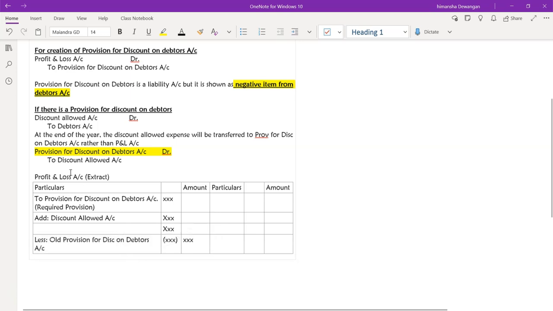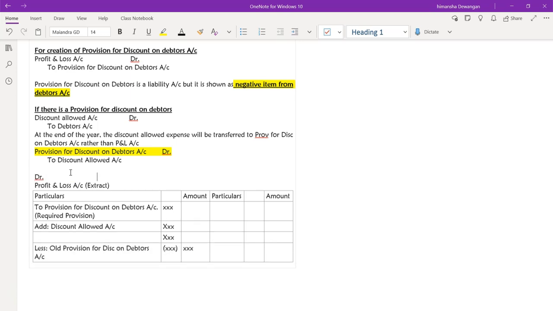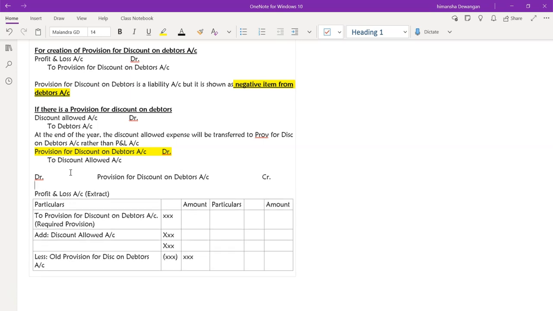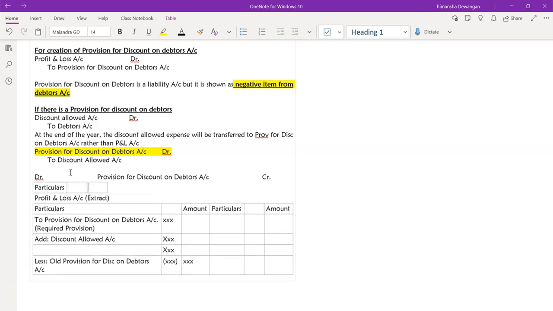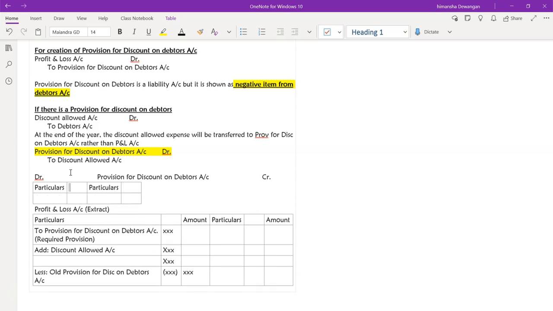So now again come here. I'll make the account first this time. Debit, provision for discount on debtors account, credit, particulars. So provision is our liability account, right? So our opening balance will be on the credit side. Is that correct, Richa? Yes, ma'am. So we'll write by balance brought down, whatever is our opening balance. I'm going to write it in brackets also for more understanding: opening balance.